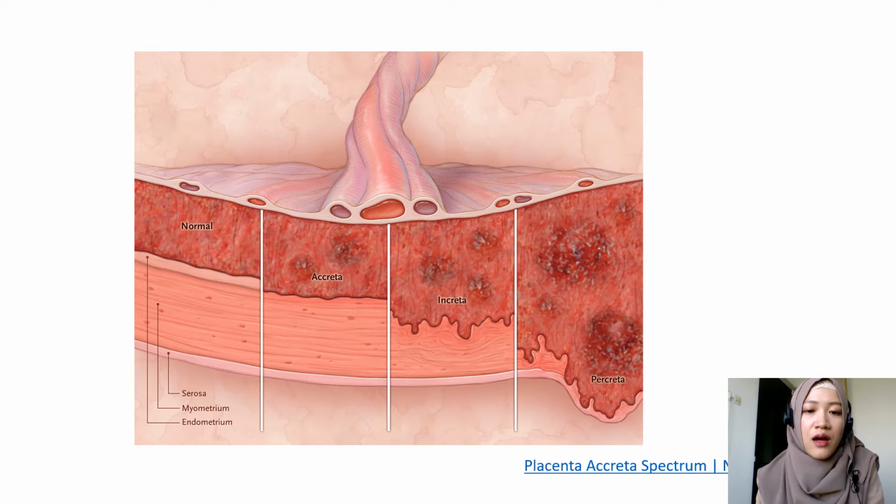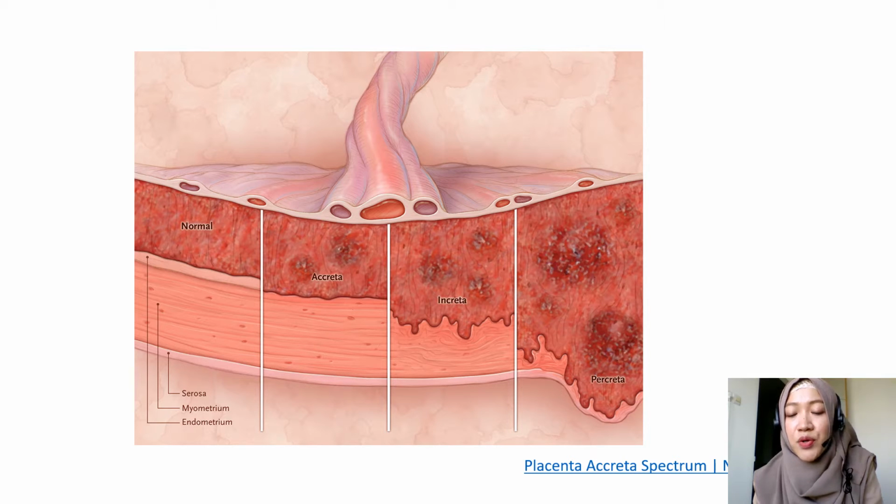Accreta already invades the full thickness of the endometrium and reaches the lining of the myometrium layer. Increta is an invasion of the placenta that is already halfway through the thickness of the myometrium.